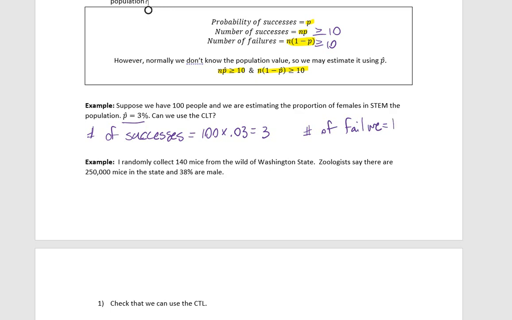So we're going to have 100 times, well, if 3% are successes, then how many are going to be failures? 97%. So times 0.97. So we're going to get 97. So we can't use the central limit theorem because 3 is not greater than 10. Okay? But even though we had enough failures, we still need to have more successes.